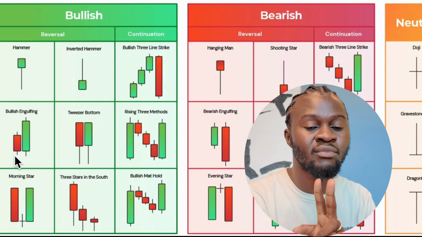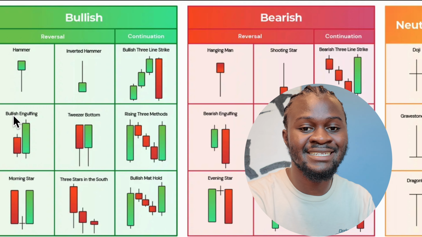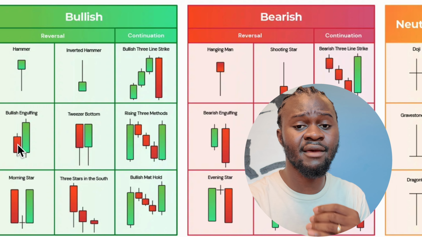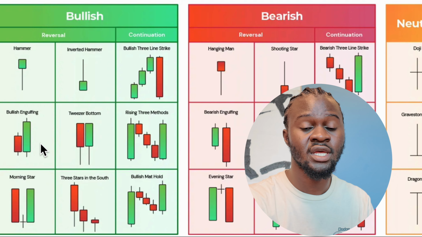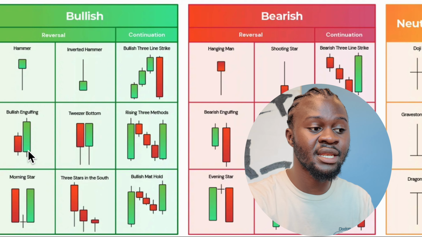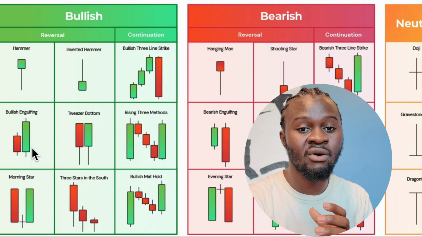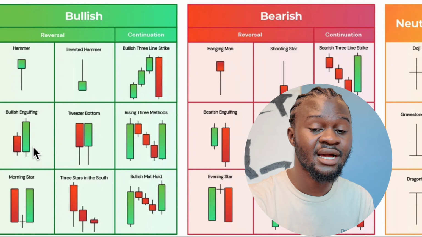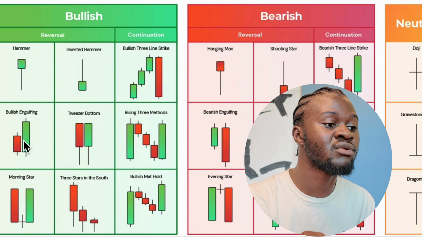To identify a bullish engulfing candlestick pattern, there must have been an existing downtrend that has already occurred. This red candle came from a downtrend with low momentum, and the next candle happened when buyers stepped in and said, okay, we're about to take charge. That is why we call them potential reversal candlestick patterns. And you see this towards the end of a downtrend.